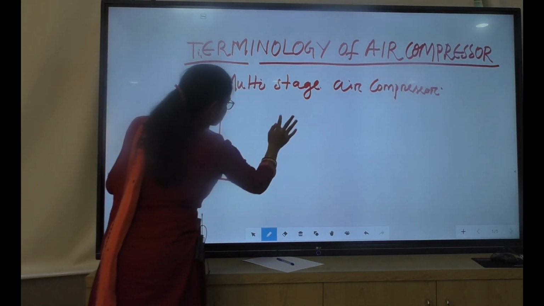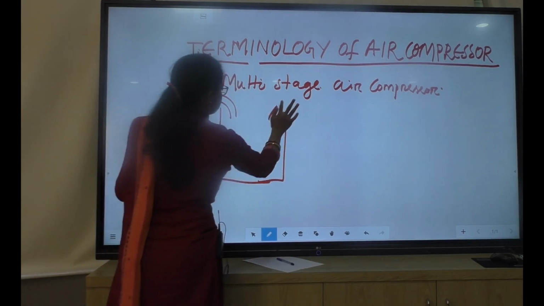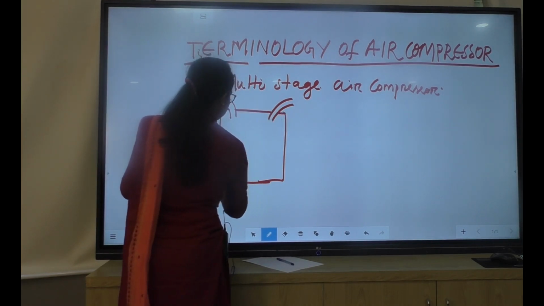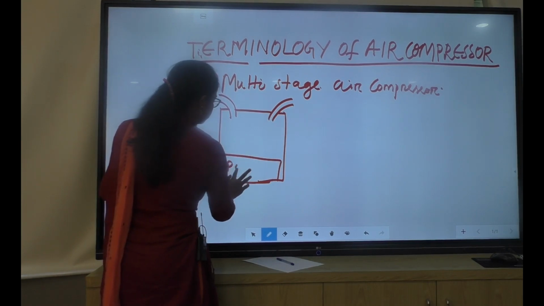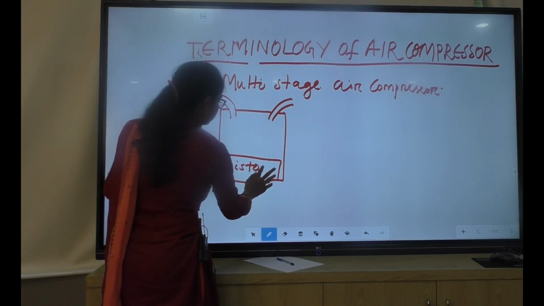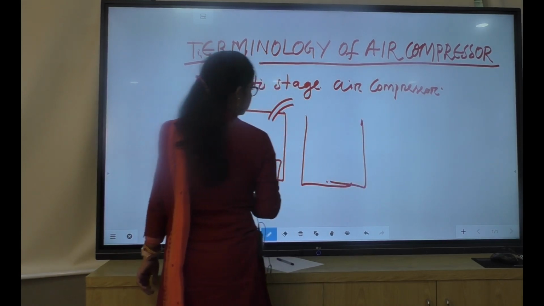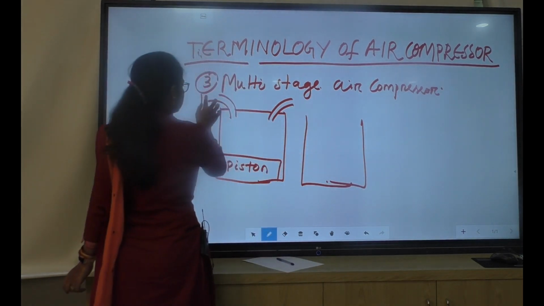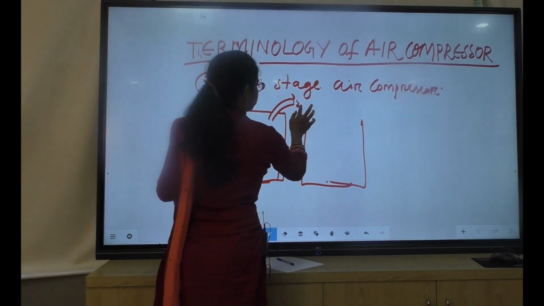thing is like this. Suppose this is the first cylinder, this is the inlet and this is the exit, and this is the cylinder head, and inside the cylinder there is a piston, and after that another cylinder is there. Suppose this air is entering at a pressure P1 and this is P2.